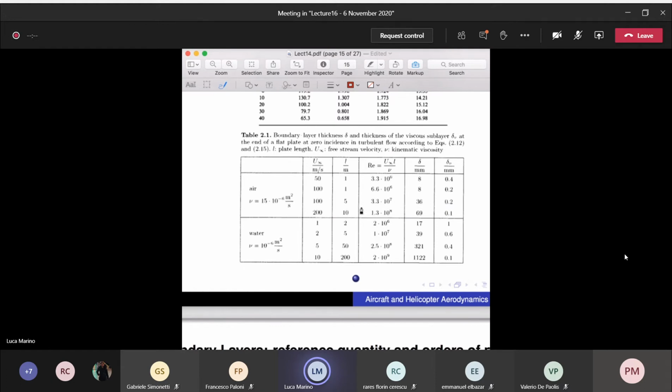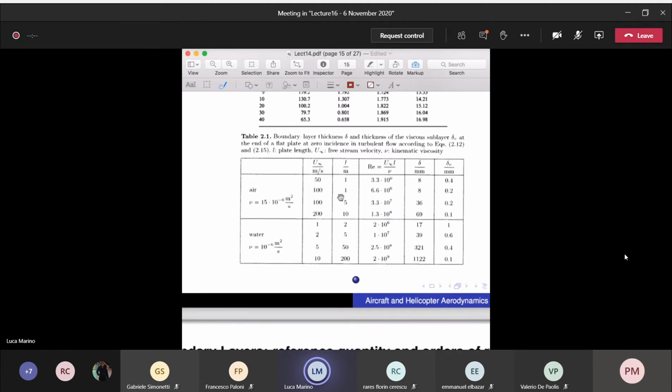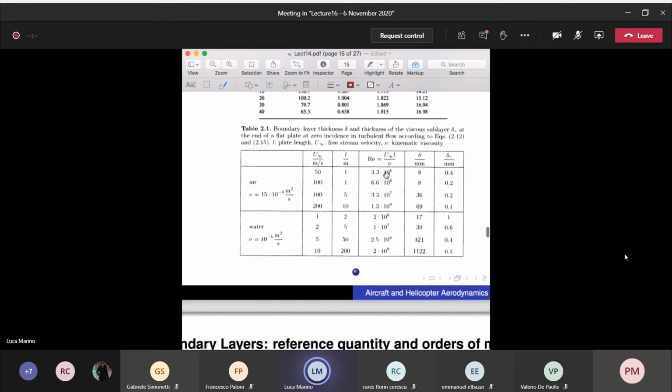Is it clear? If you just spend 1 minute on this table, you see that the ratio between delta and L, which is the characteristic length, is actually small if the Reynolds number is quite large.